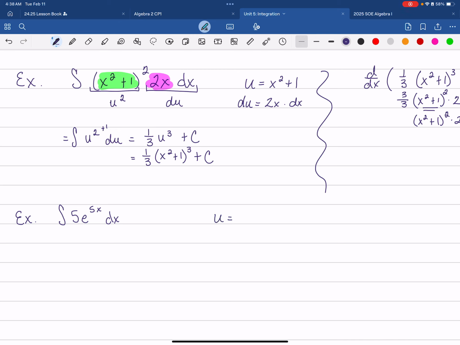And e is my outer function, like my f of x. This 5x is my u. And notice the derivative of 5x is 5, so that's really helpful. So u is going to be 5x. If I take the derivative of u with respect to x, my du is going to be the derivative of 5x, which is 5, times dx.